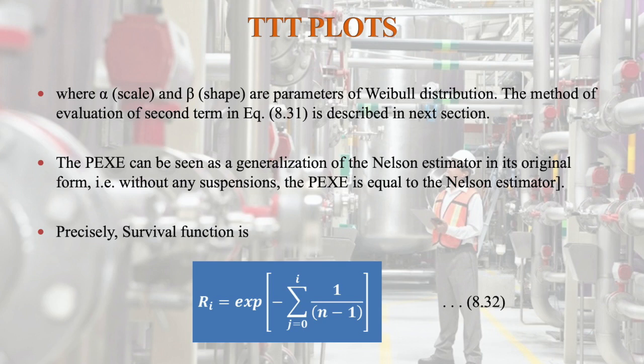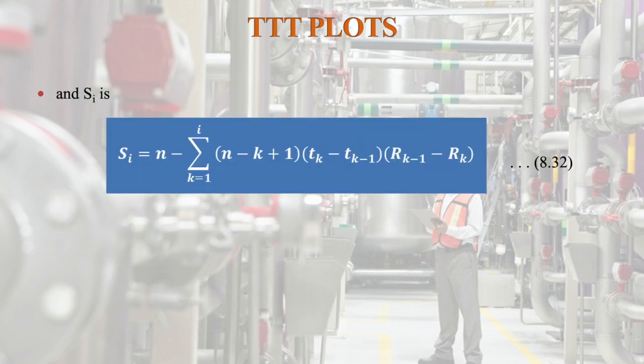Precisely, the survival function Ri is equal to exponential of minus the sum over j from 1 to i of 1 by (n minus j plus 1), and Si is equal to n minus the sum over k from 1 to i of (n minus k plus 1) into (tk minus tk minus 1) into (rk minus 1 minus rk).